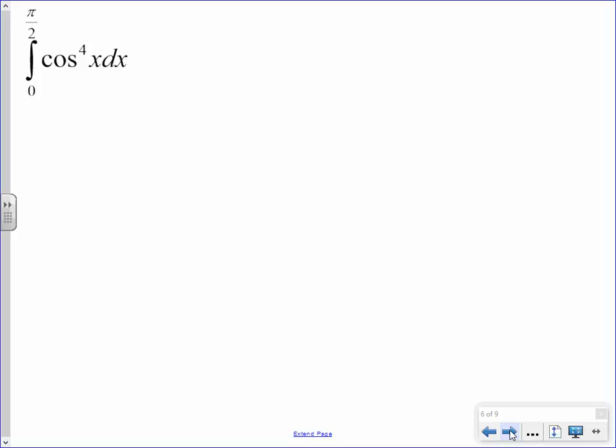It's going to take us some work to even get to the point where we can take the antiderivative. This is the strategy we'll use whether there's limits or not.